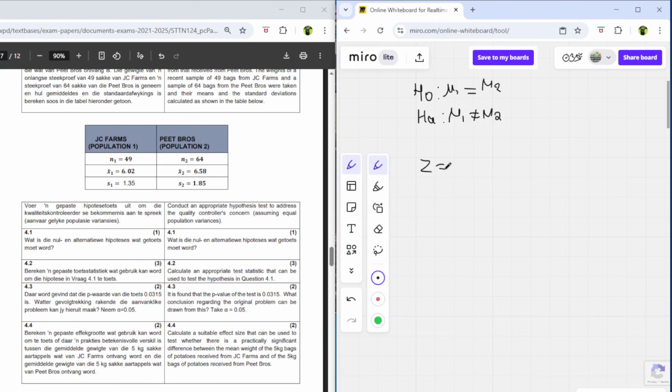Z is equal to x bar 1 minus x bar 2, all divided by the square root of standard deviation 1 squared over n1 plus standard deviation 2 squared over n2. This equals 6.02 minus 6.58.